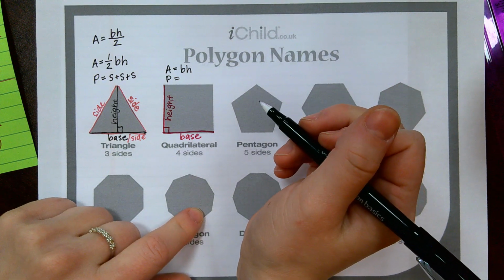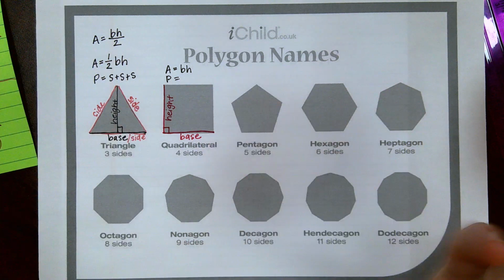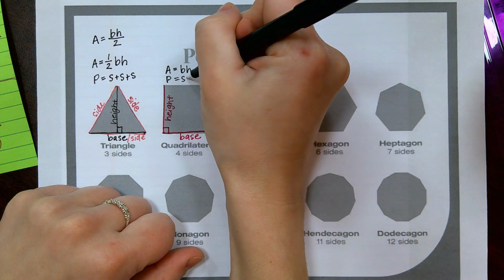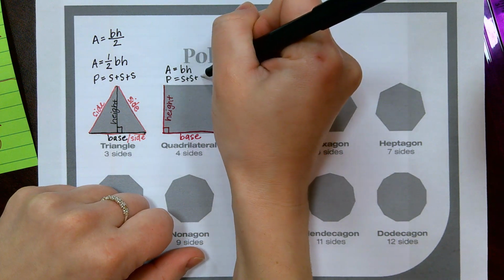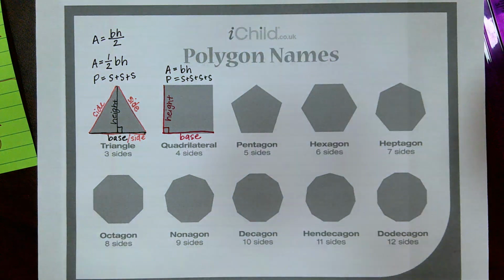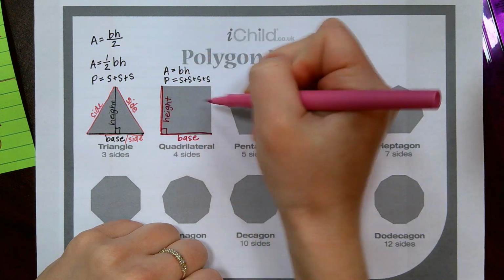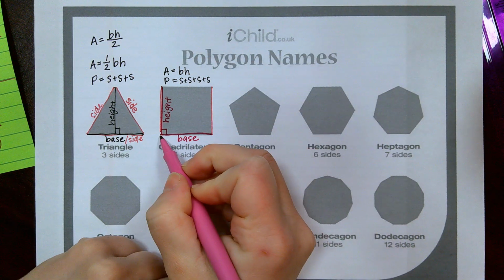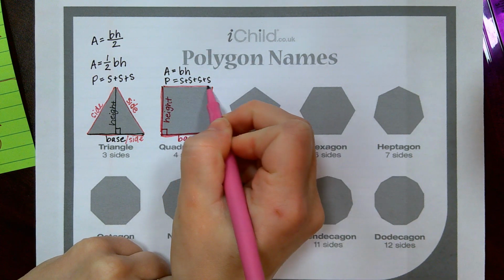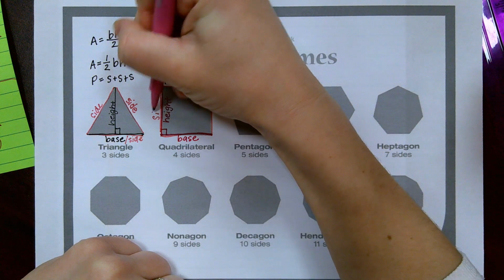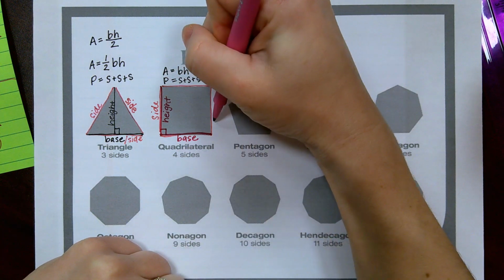So side plus side plus side plus side, depending on what the side lengths are. Okay, and I guess we could label our sides again. So we've got 4 sides here.